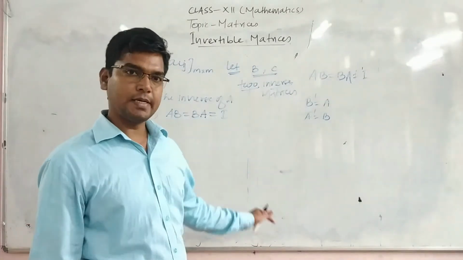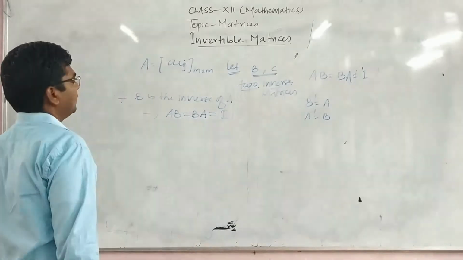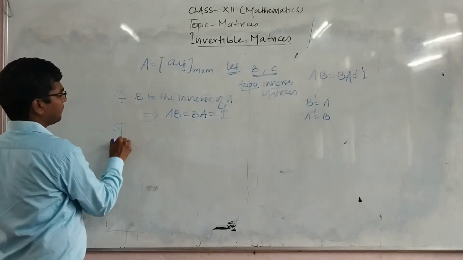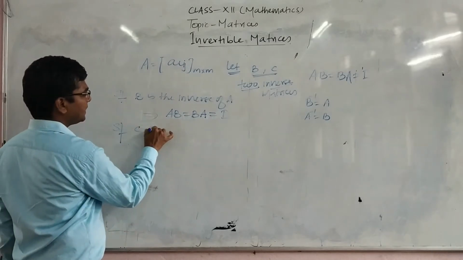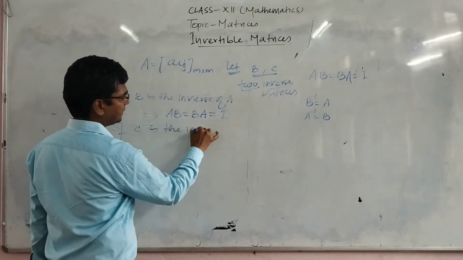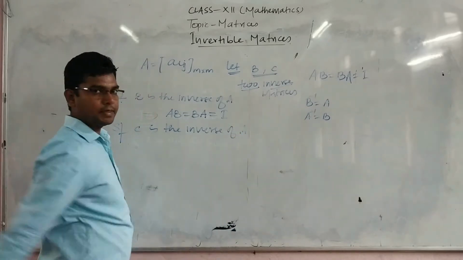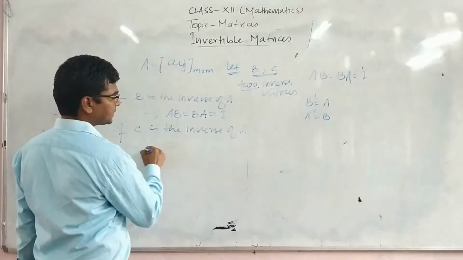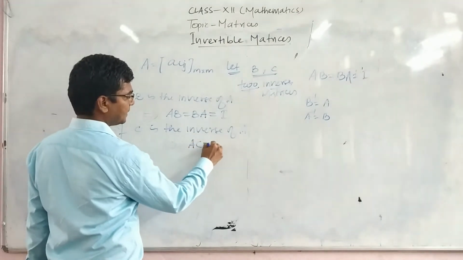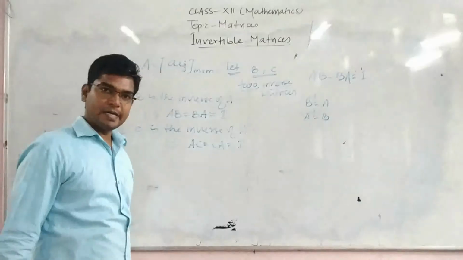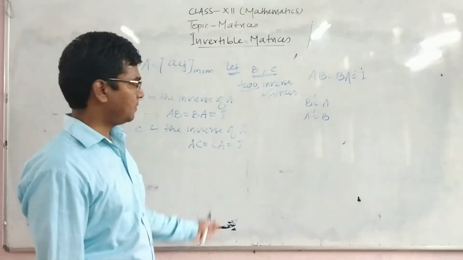Yes or no? By the definition of an invertible matrix. Similarly, if C is the inverse of A, in that case AC and CA will be the identity matrix. Yes or no? By the definition.